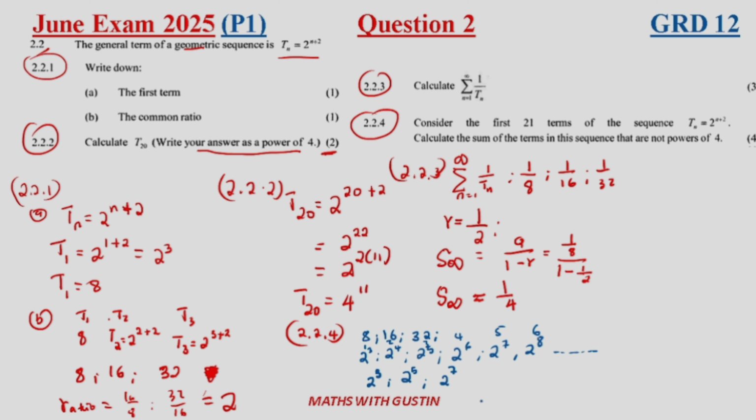So these ones that have an odd exponent, up until 2 to the power of 23, cannot be written as a power of 4, right? So now if you were to come here and ask, how many of these terms are there in this pattern?